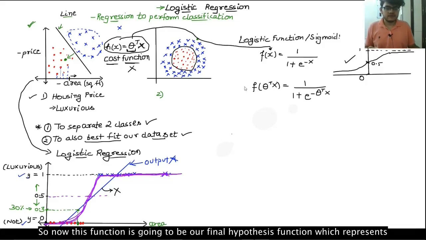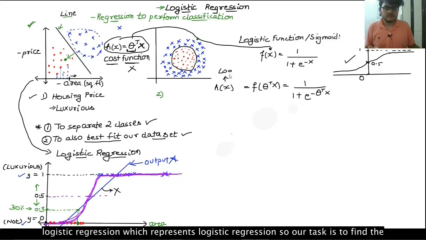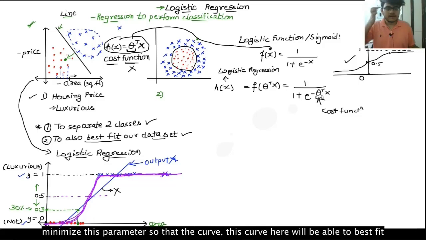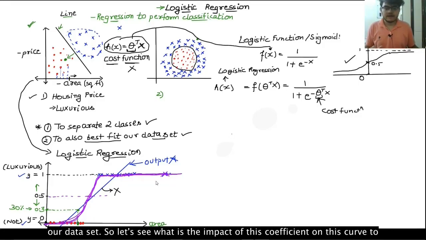So now this function is going to be our final hypothesis function, which represents logistic regression. Our task is to find the right theta parameters using the cost function, and gradient descent will be able to minimize this so that this curve will best fit our data set.